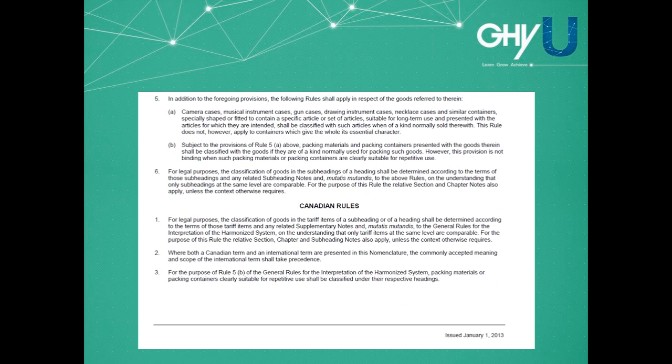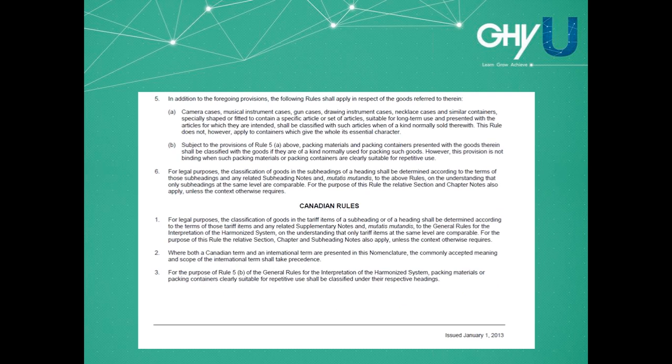For the purpose of this rule and relative section, chapter and subheading notes also apply unless the context otherwise requires. So if you're like me, you're wanting to know what mutatis mutandis stands for. It comes from a Latin phrase that means changing only those things which need to be changed, or the necessary changes having been made.